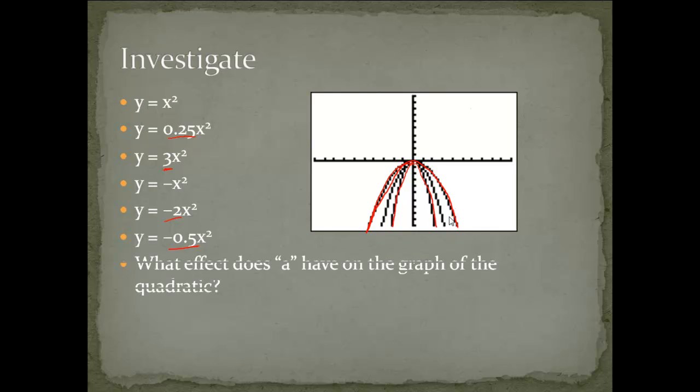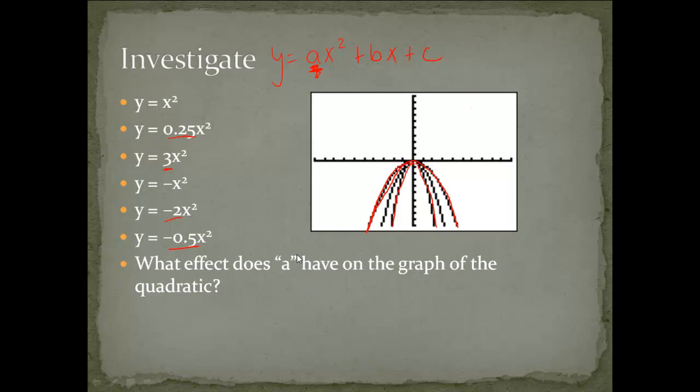So now what you want to do is think, what effect does a have on the graph of the quadratic? And remember, our standard form is y equals ax squared plus bx plus c. So right now we're only looking at what the letter with the x squared does. So what effect does this number have on your graph?